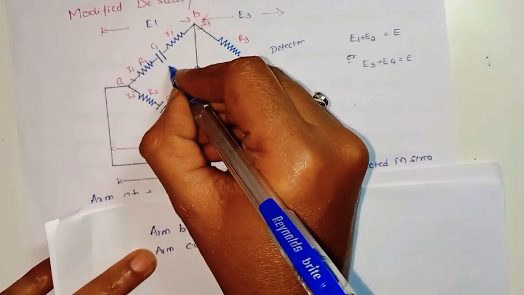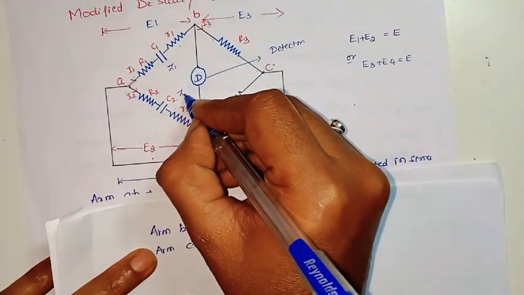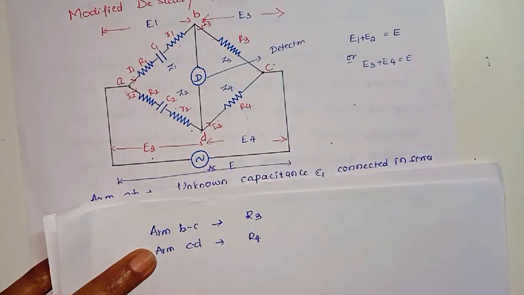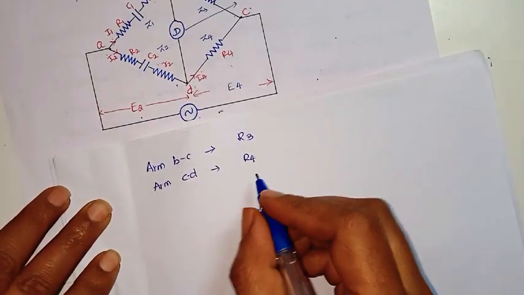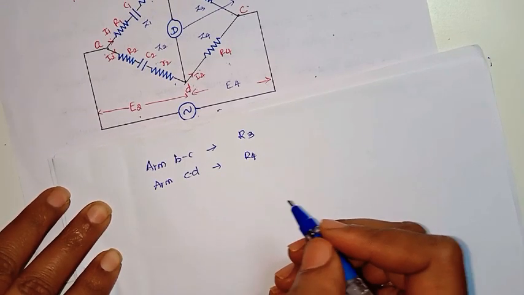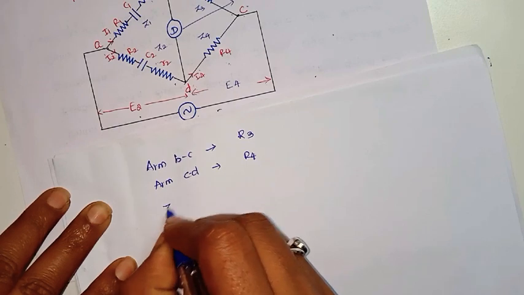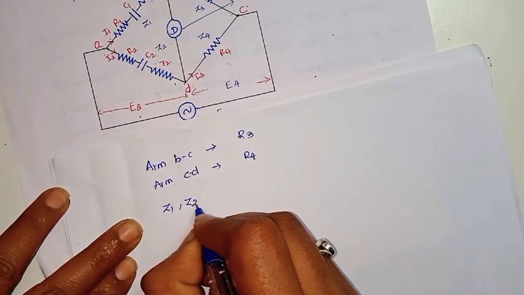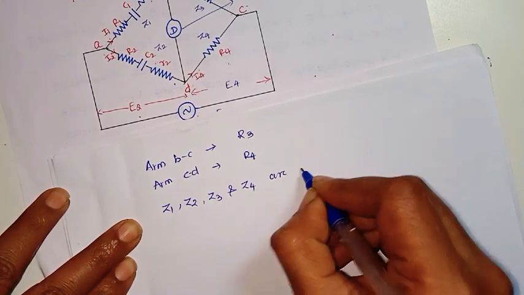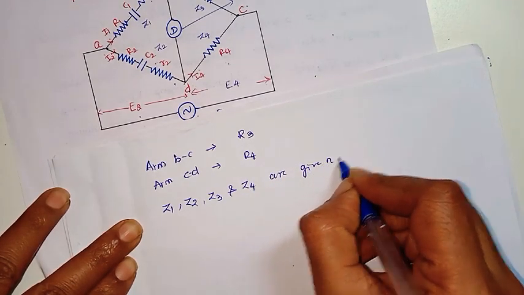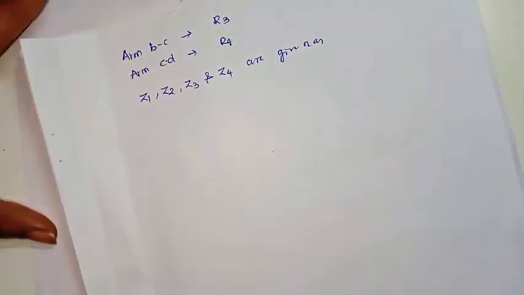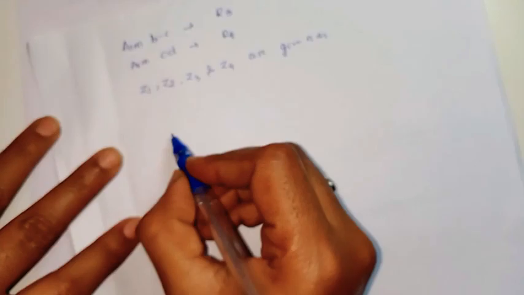These are the impedances Z1, Z2, Z3 and Z4. Now the values of Z1, Z2, Z3 and Z4 can be given as follows.